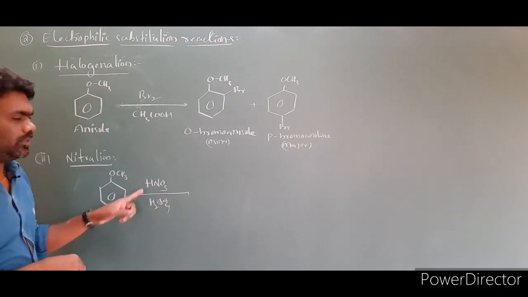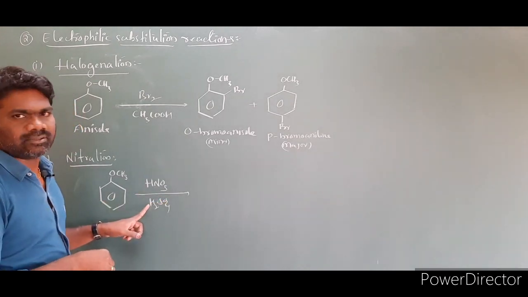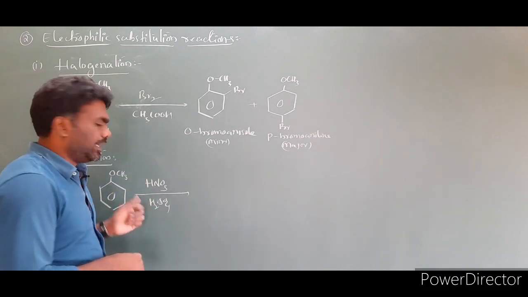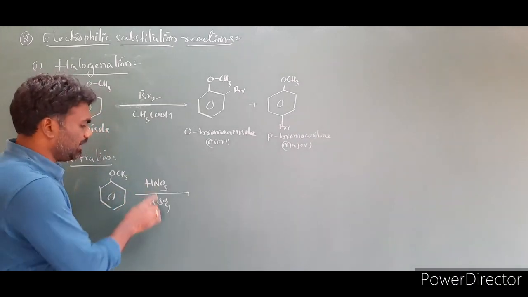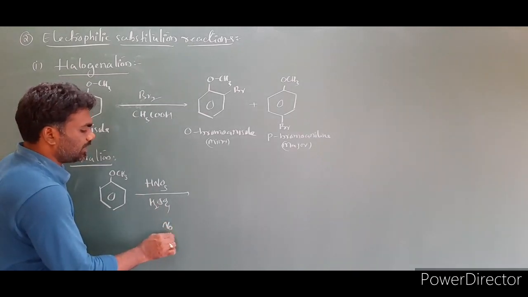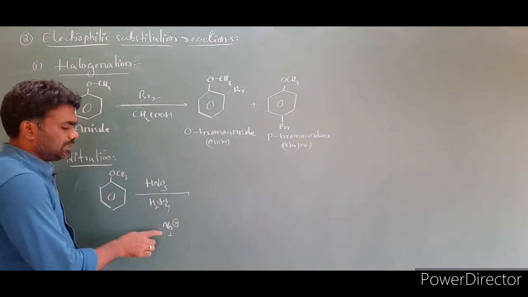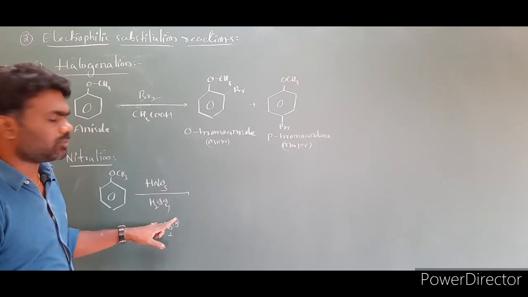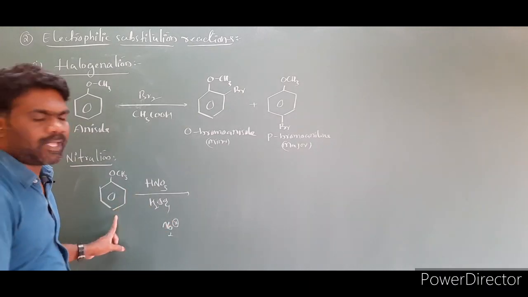The mixture of nitric acid and sulfuric acid is called a nitrating mixture. Anisole reacts with the nitrating mixture. The electrophile is NO2 with positive charge. This positive electrophile can attack at the ortho position and para position.